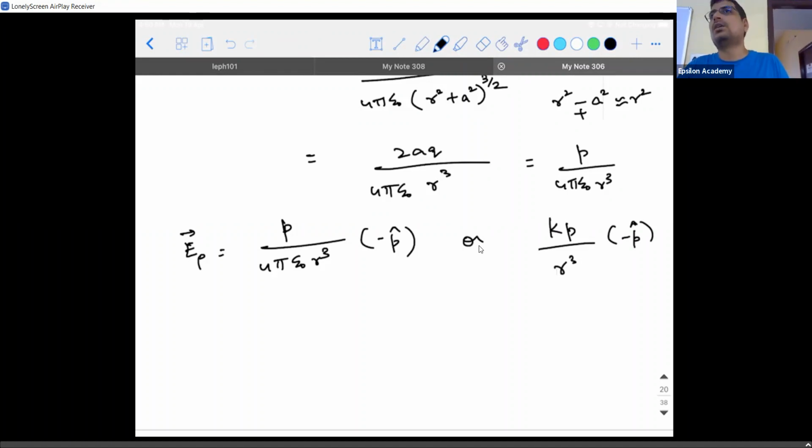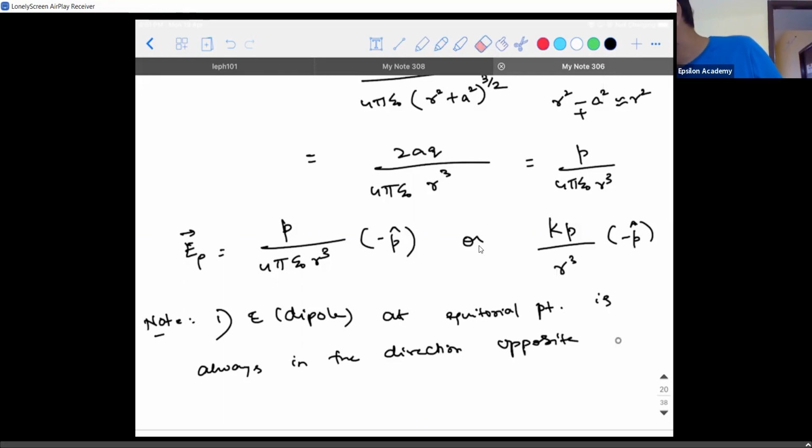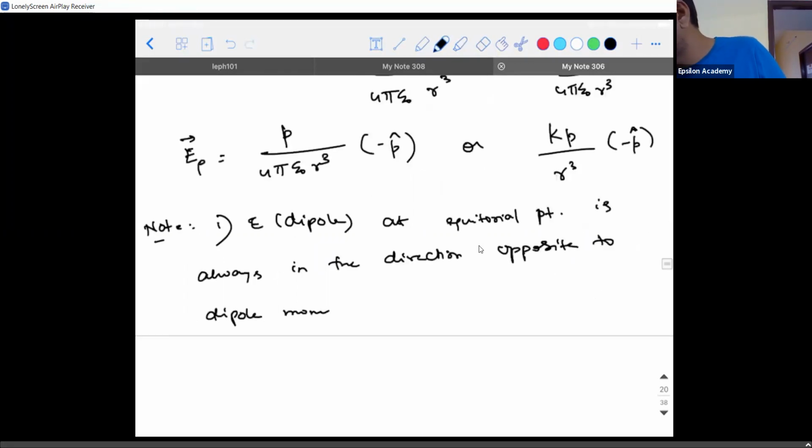2:1. Okay. So some important notes to be written here. First, please make a note of this point: electric field due to dipole at equatorial point is always in the direction opposite to the dipole moment.